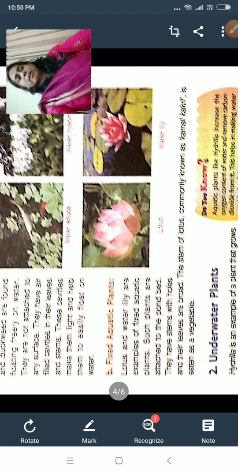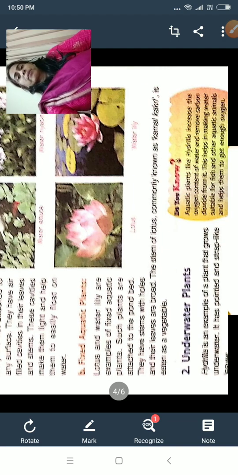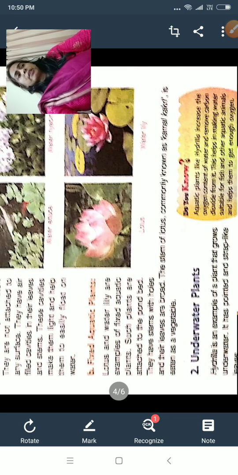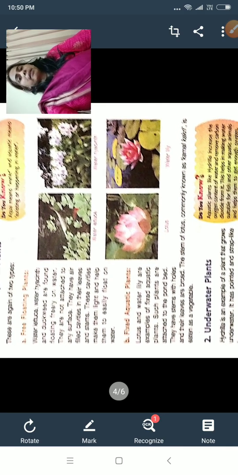Now one very important thing is kamal kakdi. You will ask, ma'am, what is kamal kakdi? Kamal kakdi is the stem of the lotus, and it is used as a vegetable.